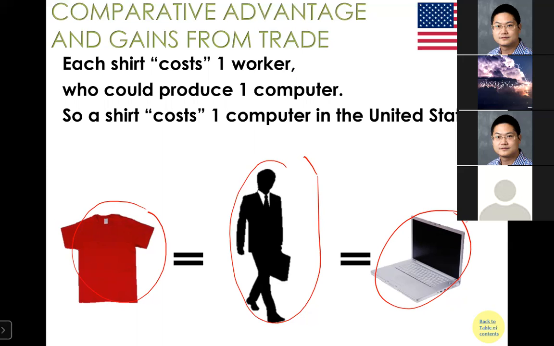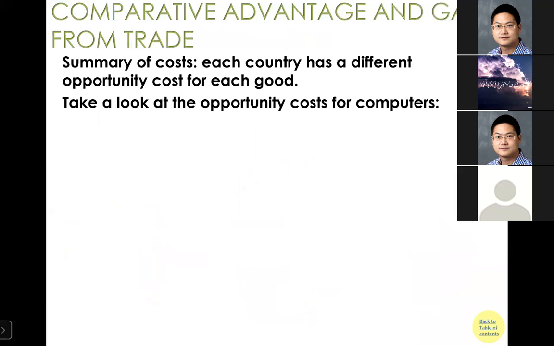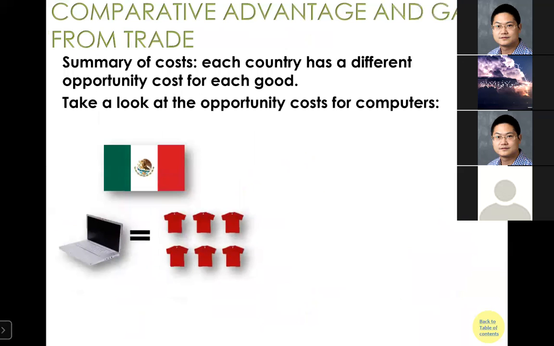The opportunity cost of a shirt in the United States is one computer, and the opportunity cost of one computer is one shirt, so 1 to 1. So that's the opportunity cost. We should have a PPF curve for the United States, but we'll leave that comparison for later, because we already found the opportunity cost for the United States.